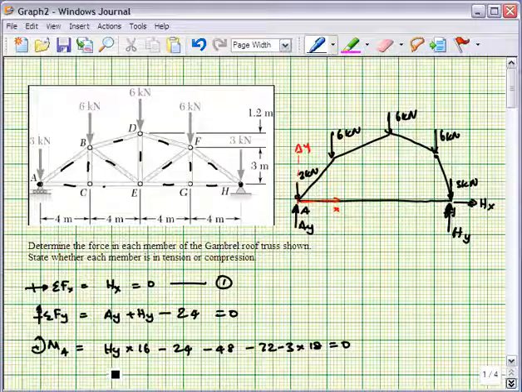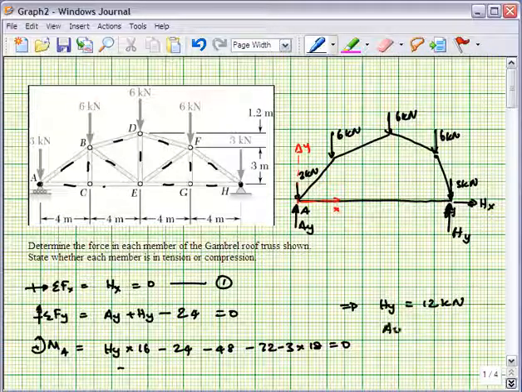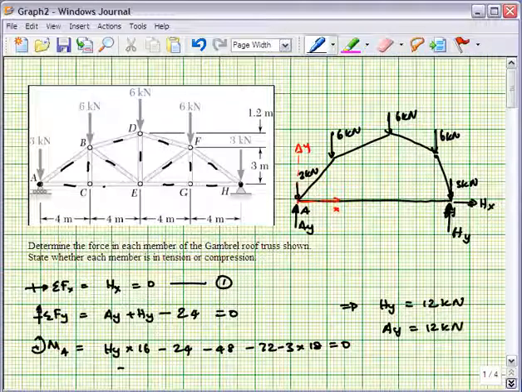If you solve for HY, this will give me immediately HY equal to 12 kilonewtons, and then AY equals 12 kilonewtons.